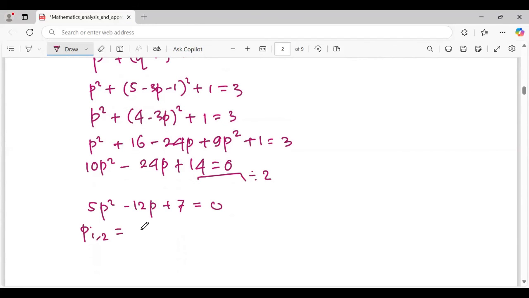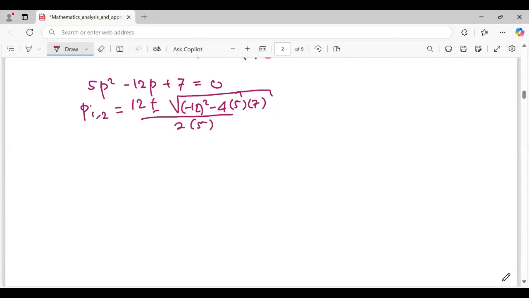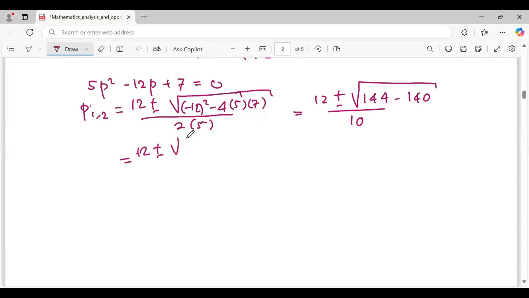P1 and P2 equals 12 plus minus square root of minus 12 squared minus 4 times 5 times 7, over 2 times 5. It equals 12 plus minus square root of 144 minus 140, over 10. 12 plus minus square root 4 over 10, 12 plus minus 2 over 10.